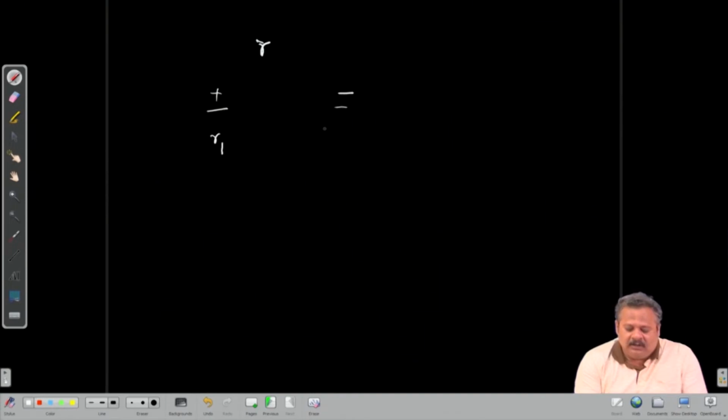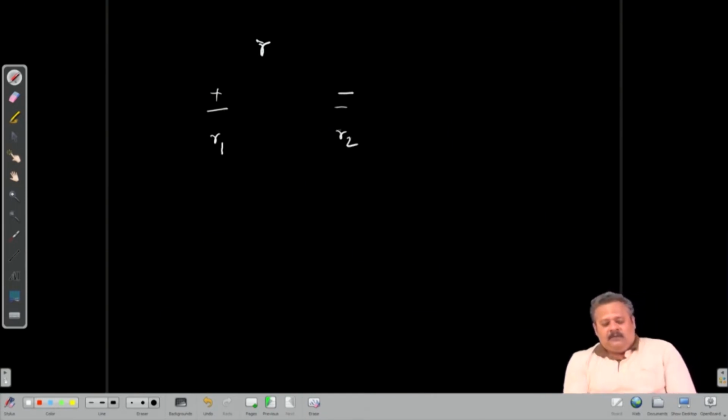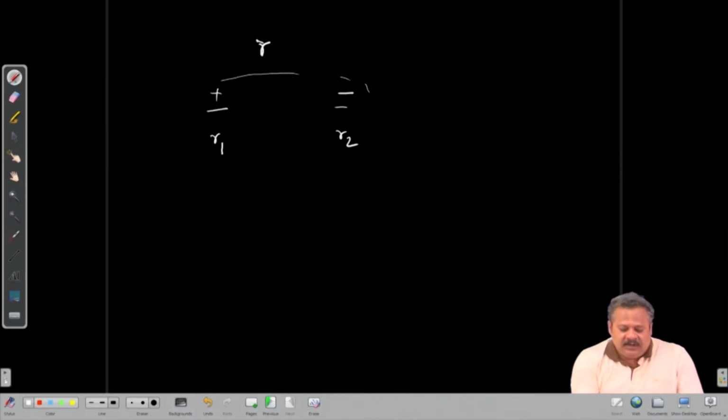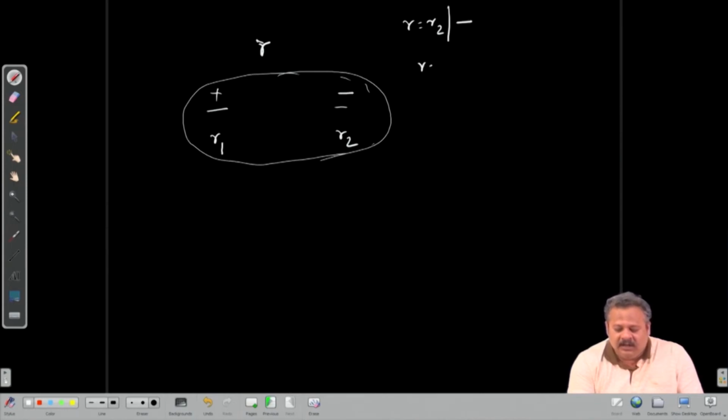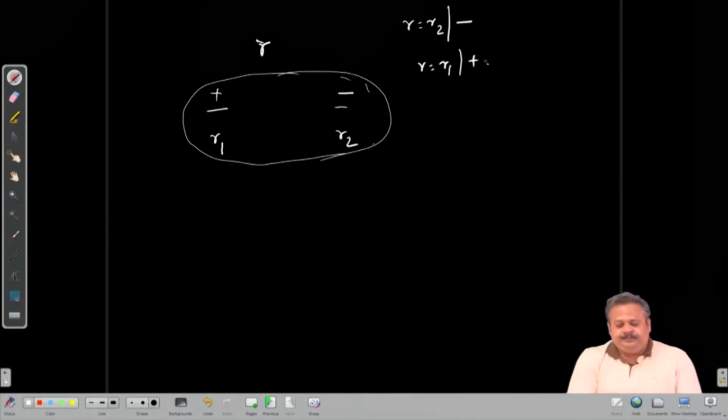So, this is R1 and this is R2. Now, if we take this idea further, that we have to make this decision based on these two rates, the rates are basically R is equal to R2 given minus, and here R is equal to R1 given plus.